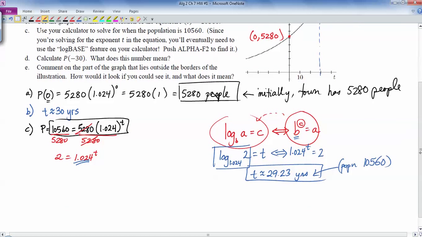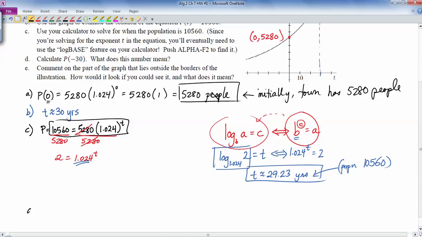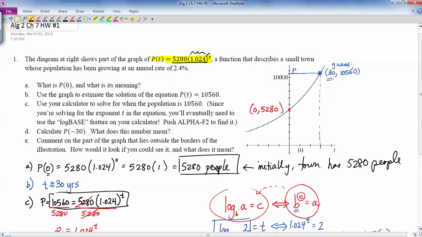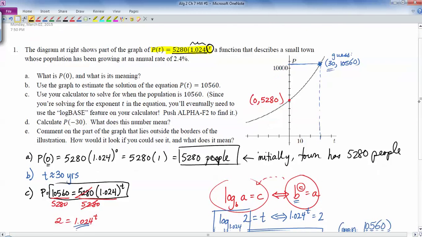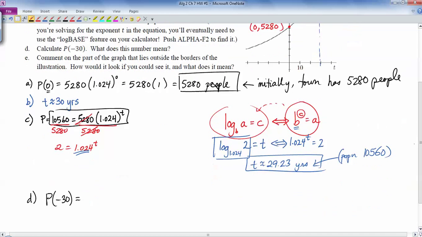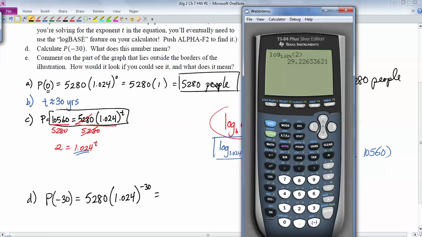Okay, let's do D. D says calculate P of negative 30. Well, that's going to be what happens when I plug in negative 30 right there. So that's 5280 times 1.024 to the negative 30th. Let's do that on the calculator here.